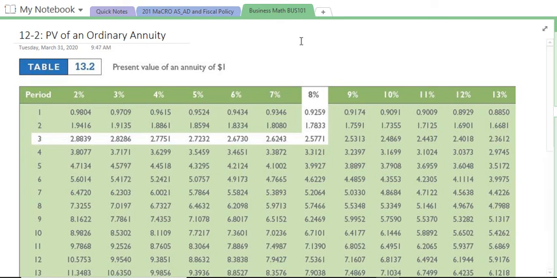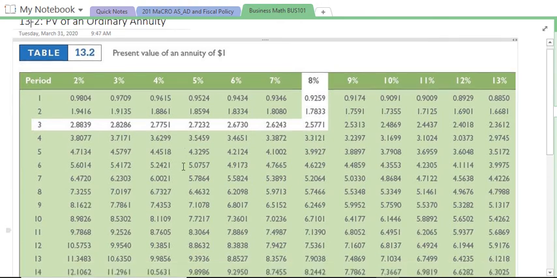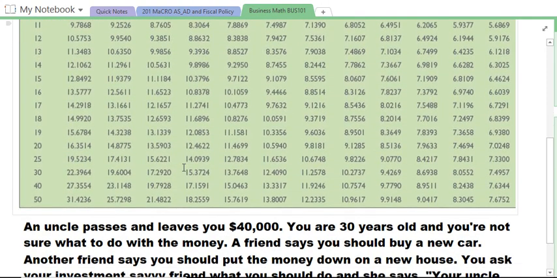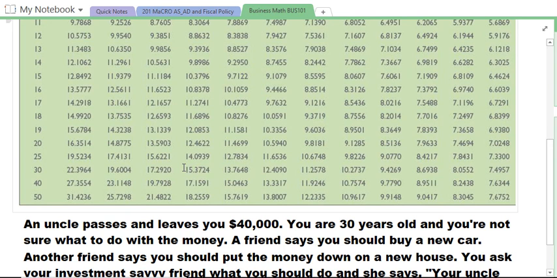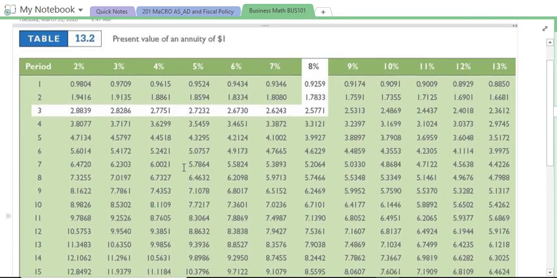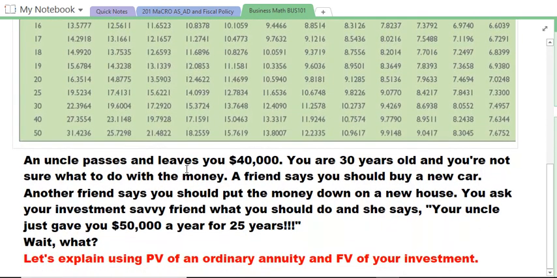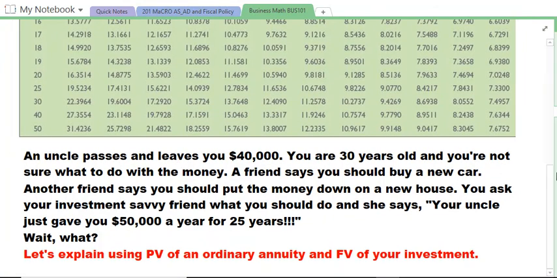We're going to look at chapter 13, not 12. There we go. We're going to look at present value of an ordinary annuity, and we're also going to look at the future value of an investment, and we're going to use a scenario that I made here because I'm bored and I decided I would make my own instead of using something out of the book.